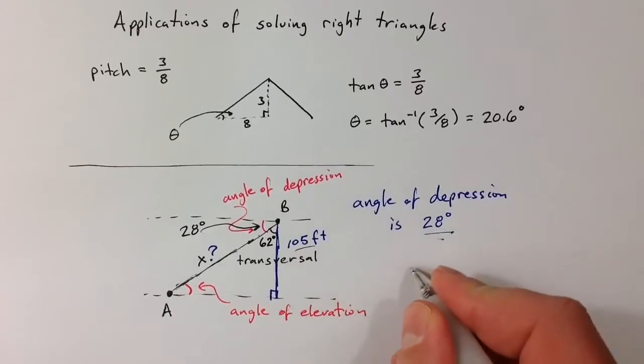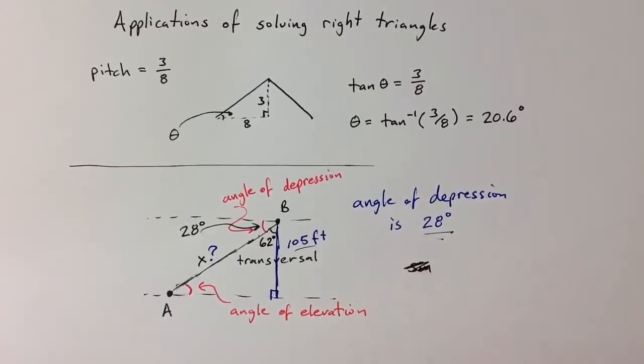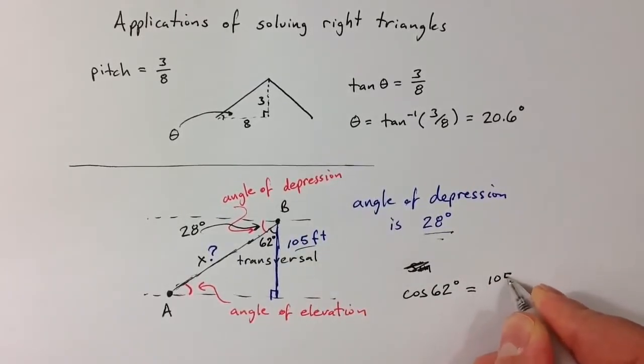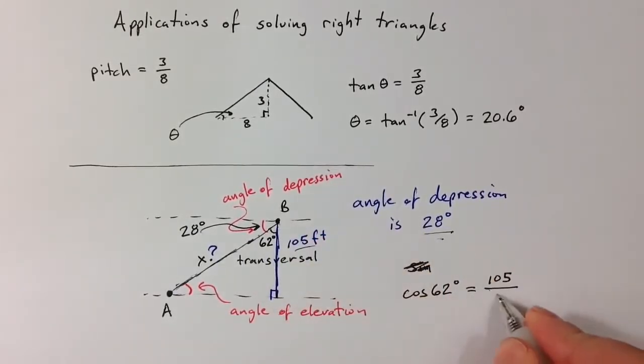One trigonometric ratio that we can use is not sine, but cosine. Cosine of 62 degrees is going to give us 105, the adjacent side to 62 degrees, divided by x.